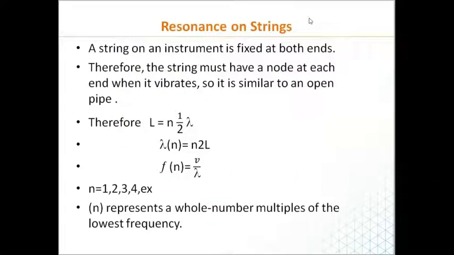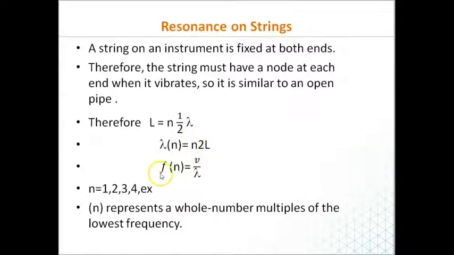The length will be given as you see in the following equation: L, which is the length of the string, equals n, the number of multiples, of half of the wavelength. Therefore, the wavelength is equal to 2L over n.